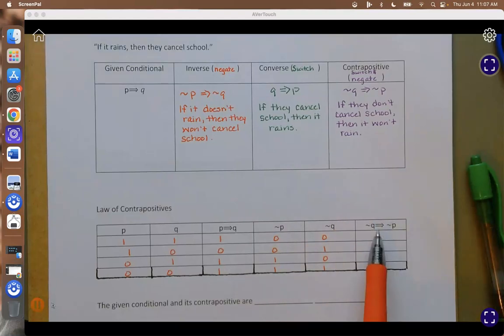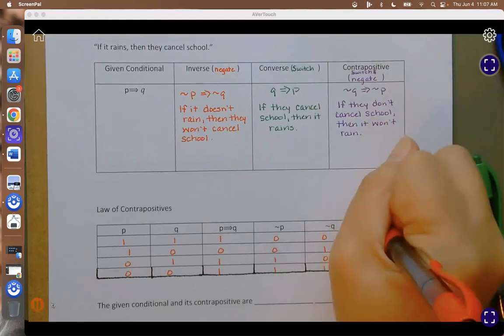Now, remember in a conditional statement, the only one that's false is when this will be when Q is on and P is false.